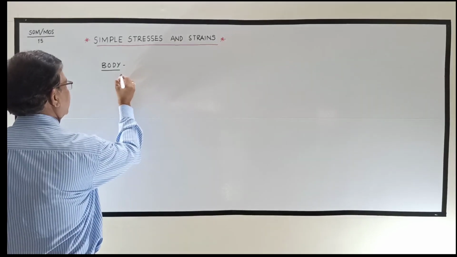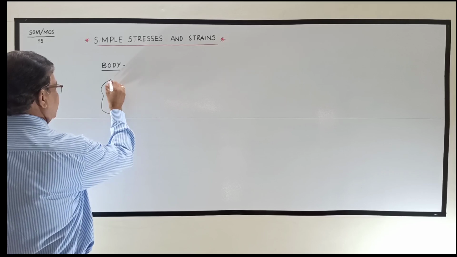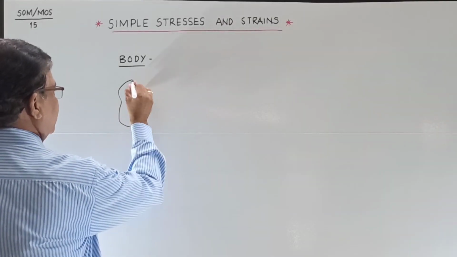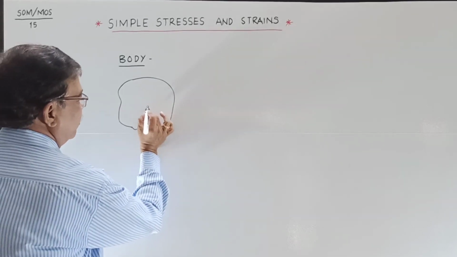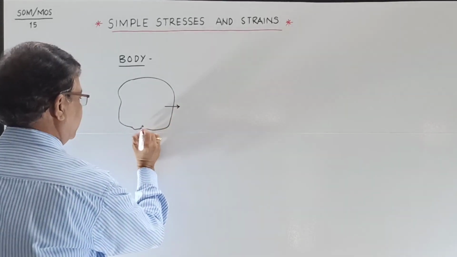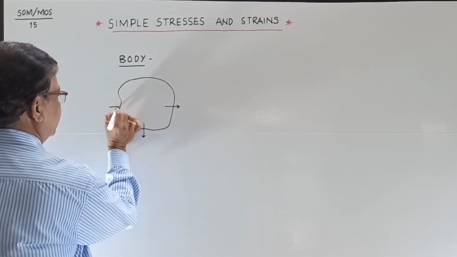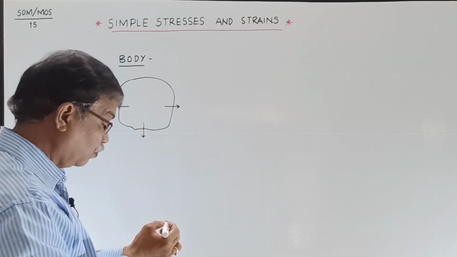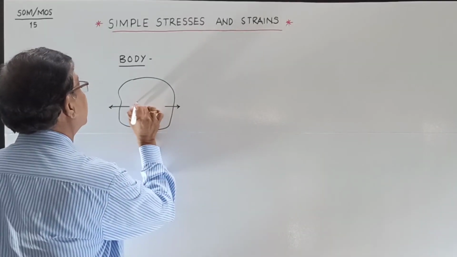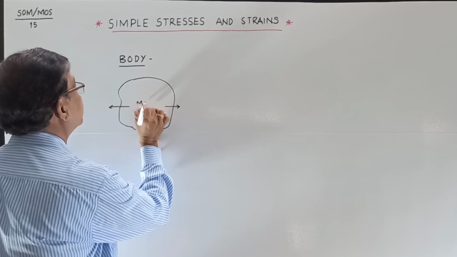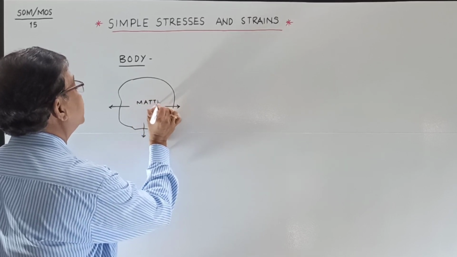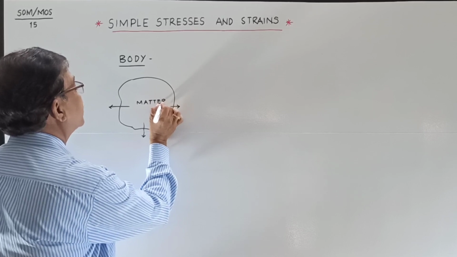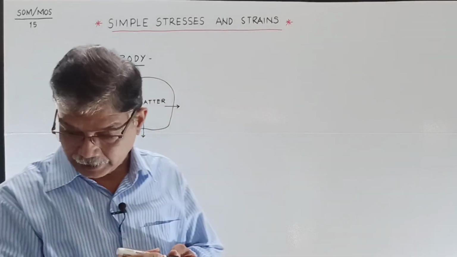If I say, this is a body which has got limit in this direction, limit in this direction, limit in this direction, like this. So, body is a matter which is limited in all the directions.